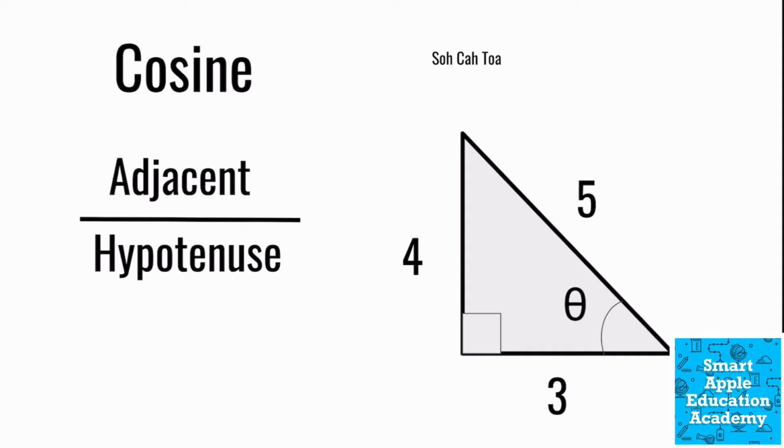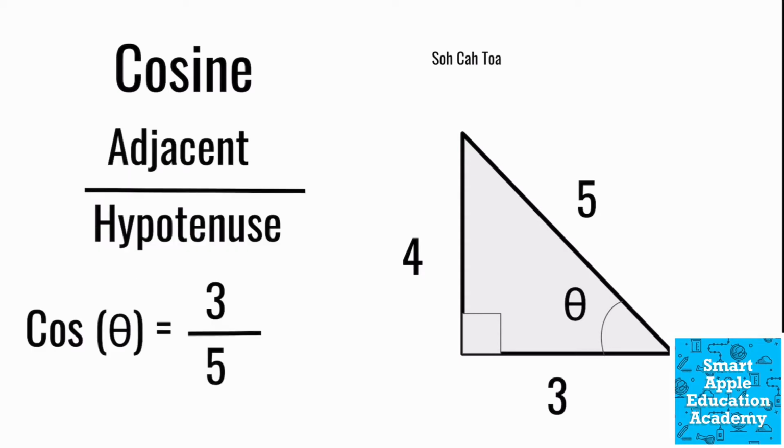The side that is adjacent to theta is the leg that is 3 units long. What is the hypotenuse? The hypotenuse, for this problem, is the side that is 5 units long. So the cosine of theta is 3 over 5, because adjacent to theta is 3 and the hypotenuse is 5.